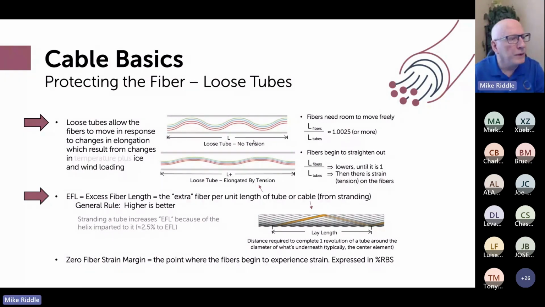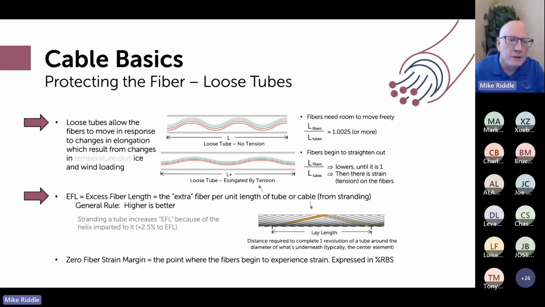And so what happens is when this tube elongates because of tension or whatever, but in ADSS, it's 100% really tension, the fibers just begin to straighten out. And that ratio changes until it gets to 1. And when it gets to 1, that means that the fibers are picking up whatever tension is on the tube that is causing the tube to elongate.